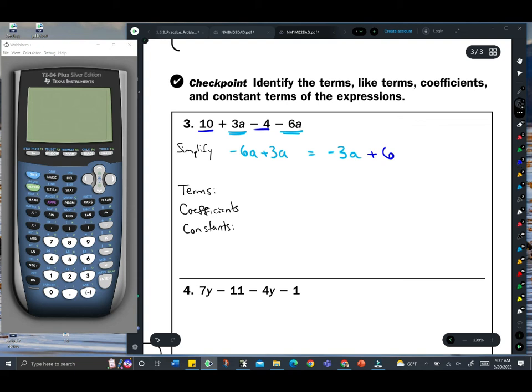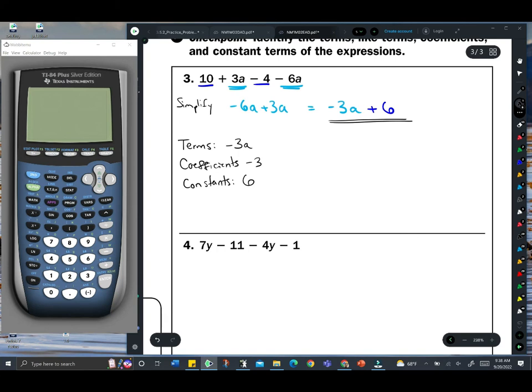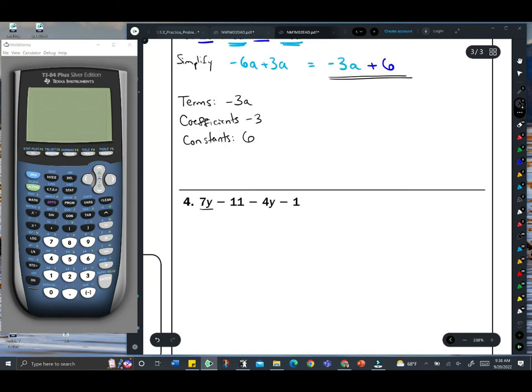From this expression, then check out what terms we have. So we have a term of negative 3a, and we have a coefficient of negative 3 then, and a constant of 6. Okay, so for 4 here, start by combining like terms. We'll add our y's together.